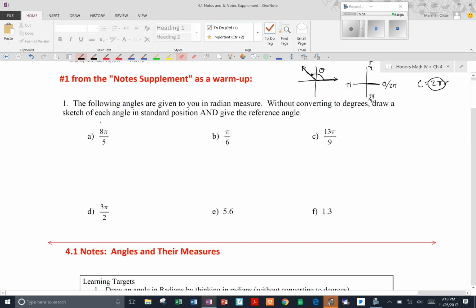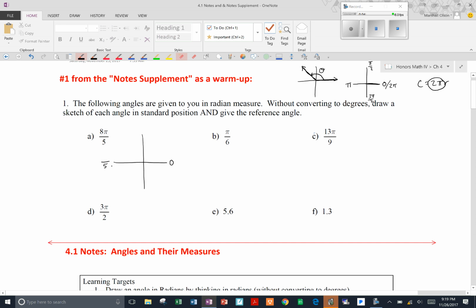So when we have an angle like 8 pi over 5, the first thing I want to think about is what a full revolution would be. Okay, so this would be 0 radians. And if we went all the way around, that would be 2 pi. Well, let's start by going halfway around, right here. In terms of this denominator, we know that this is pi here.